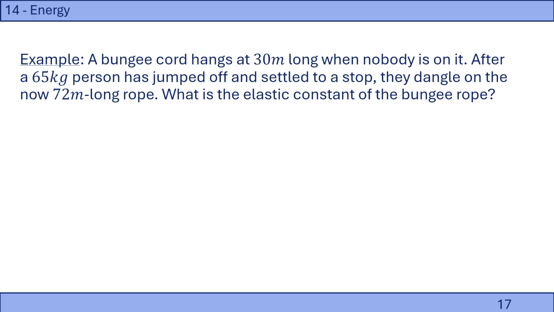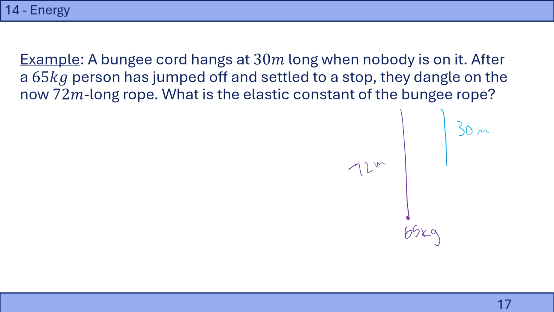Imagine that you have a bungee cord and it hangs and it's 30 meters long when nobody is on it. But after a person gets on it, then it stretches out. They do their jump and then it settles to a stop. This 65 kilogram person has now caused this bungee rope to stretch to 72 meters long.